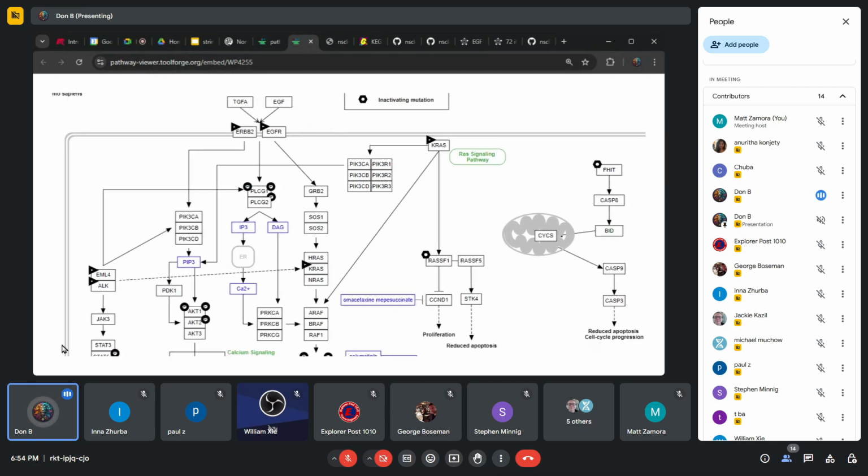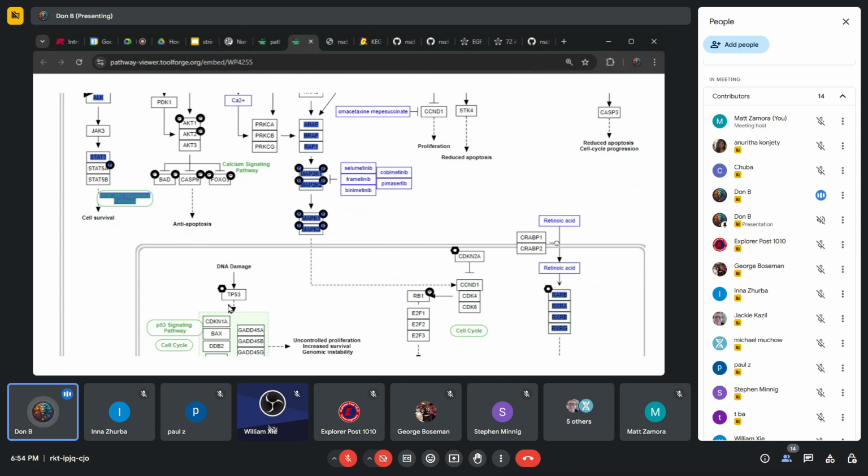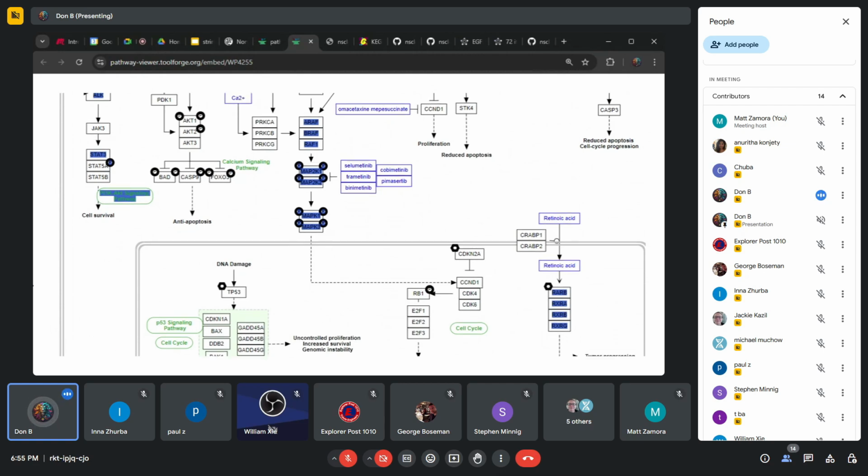Where that becomes most relevant is with the tumor suppressing genes. So in the case of TP53 and RARB, TP53 is down here, RARB is here. So I won't focus in on this anymore just based on size.